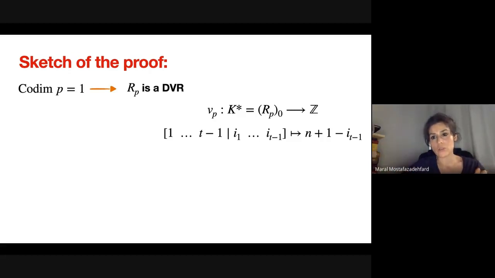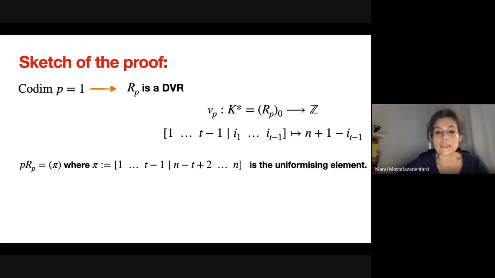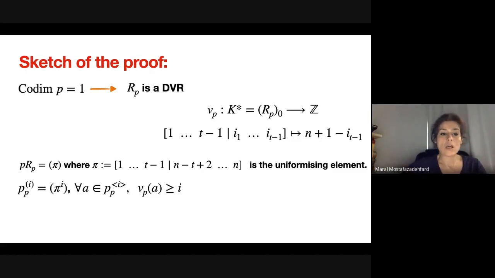We define this valuation as n plus 1 minus the last index of the column. So in this discrete valuation ring, the last t minus 1 minors coming from the ideal P are the uniformizing elements. So all the symbolic powers are principal and come from the powers of P.